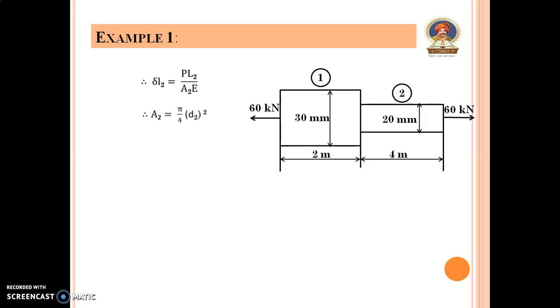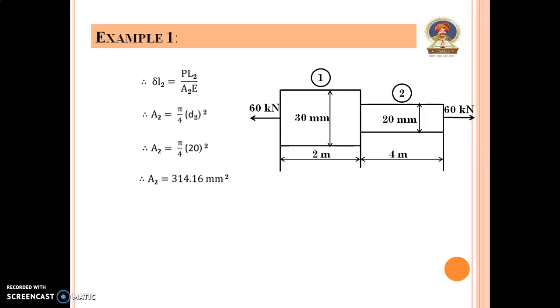We know that D2 is equal to 20 mm. So put the value of D2, that is pi by 4 into 20 square. After solving this, we get the area A2 equal to 314.16 mm square.